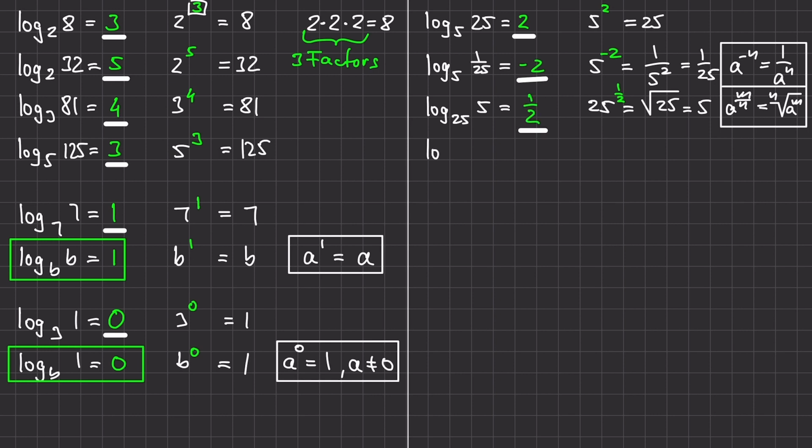What is log base 25 of 1/5? Recall that we can write 25 raised to the negative of 1/2 as 1 over 25 raised to 1/2. And 25 raised to 1/2 can be written as the square root of 25. So we get 1 over 5.